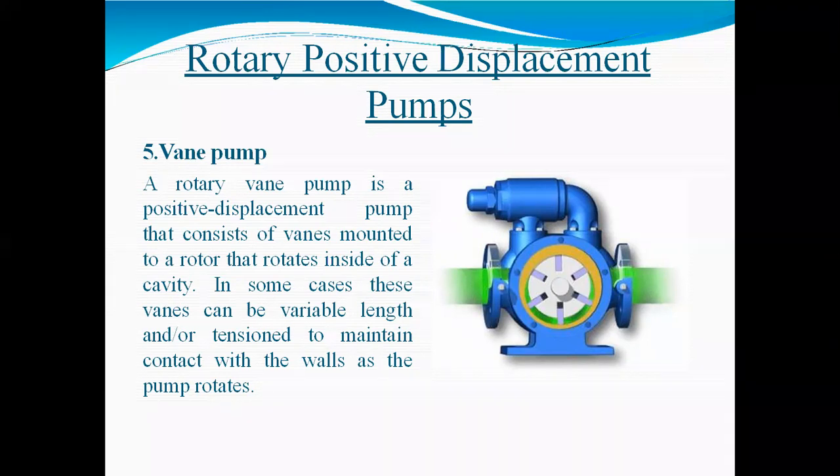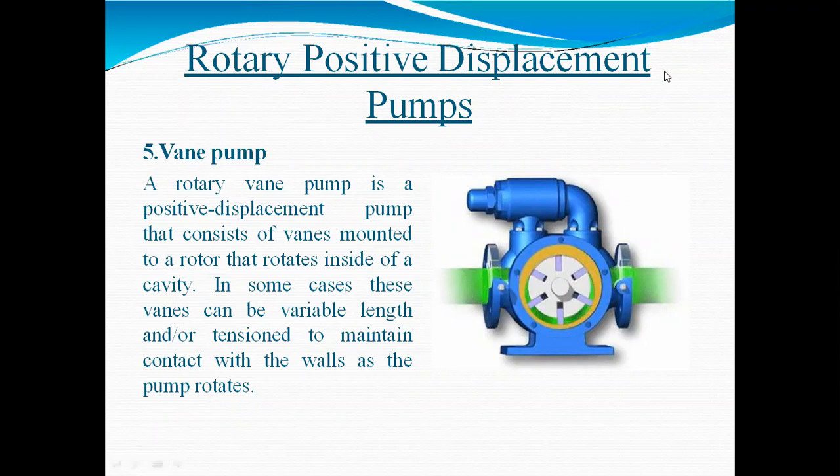We can say that there is a fixed gear or fixed lobe, so we can't change the size of your gear or lobe. But in the vane pump, in the total casing, there is a rotor. On that particular rotor, the vanes are mounted.